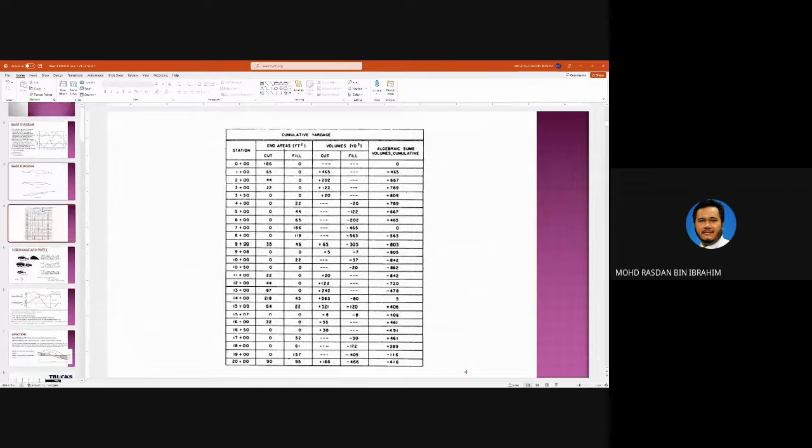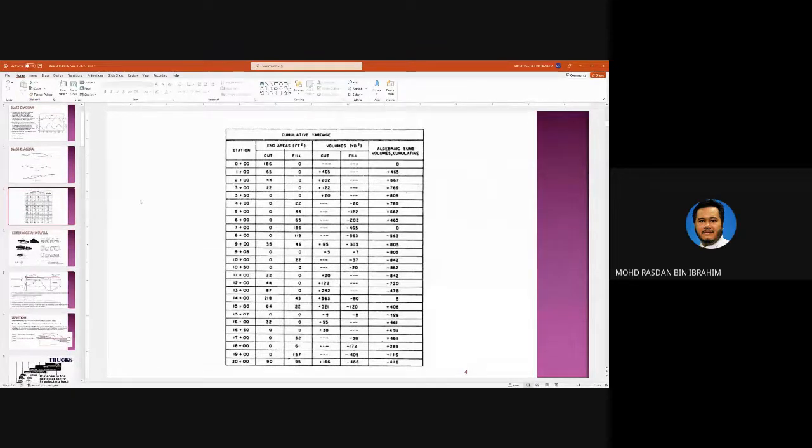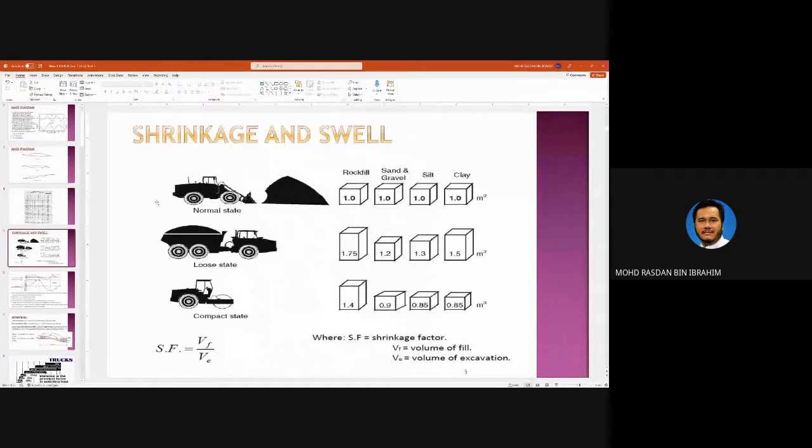But before you can actually estimate the volume, you must also know the shrinkage and swell factor, because different materials will have different shrinkage and compaction factors.